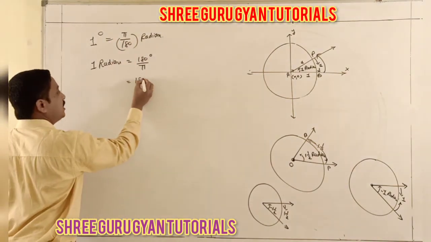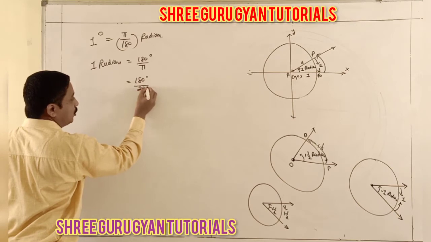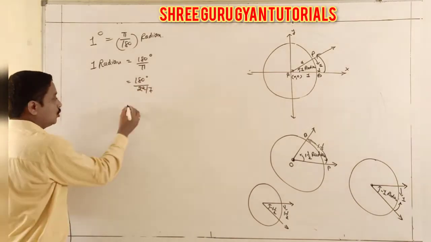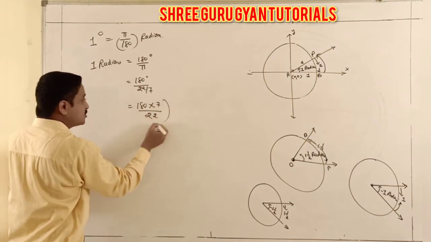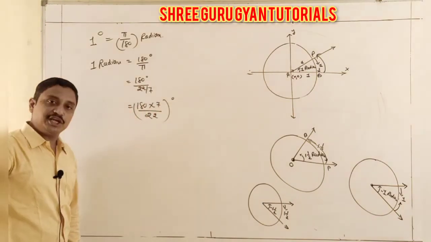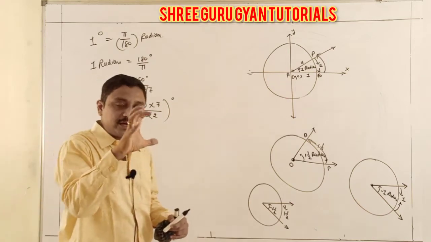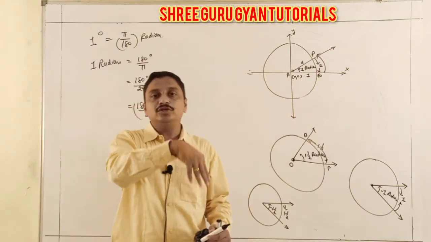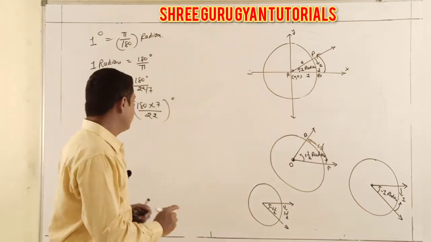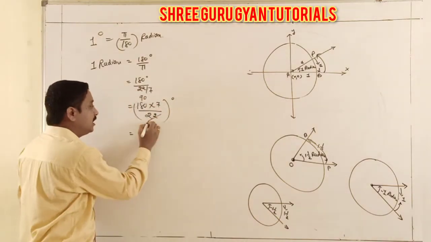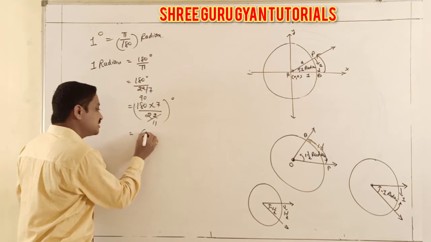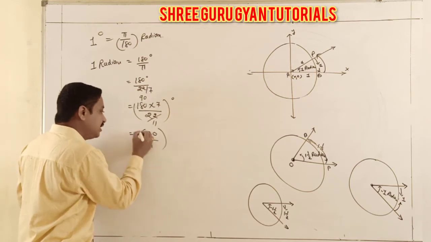So 180 degree, and pi I take as 22 by 7. So 180 into 7 by 22, this full part I take as the degree measure. That's why I converted radian into degree. After cancellation, 2 nines are 18, 11 2s are 22, 7 9s are 63, so 630 by 11 degree.